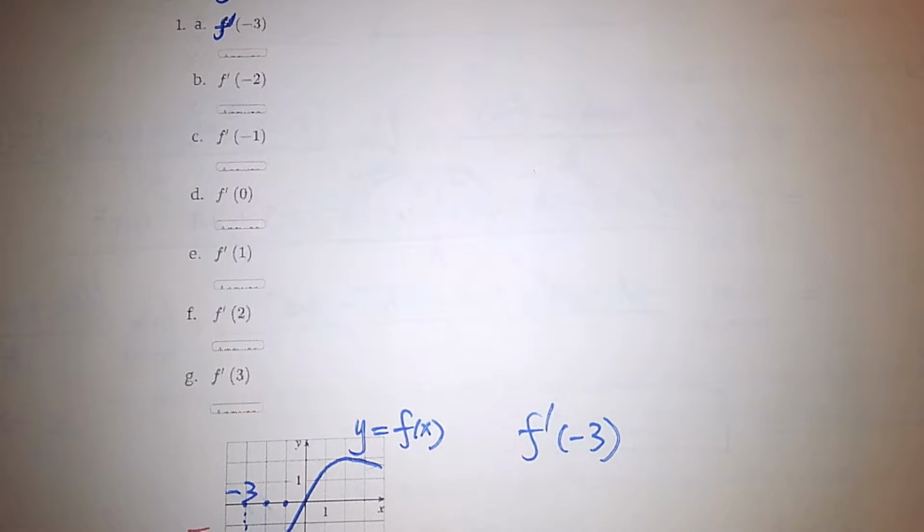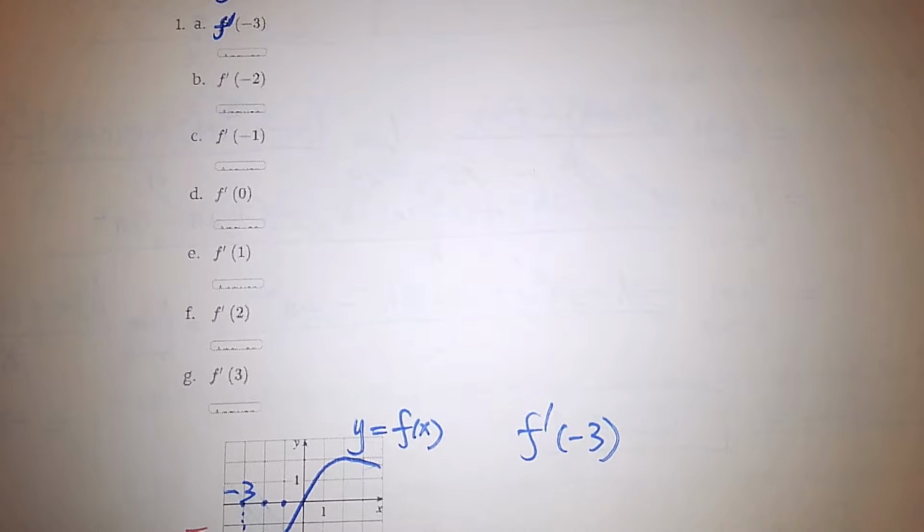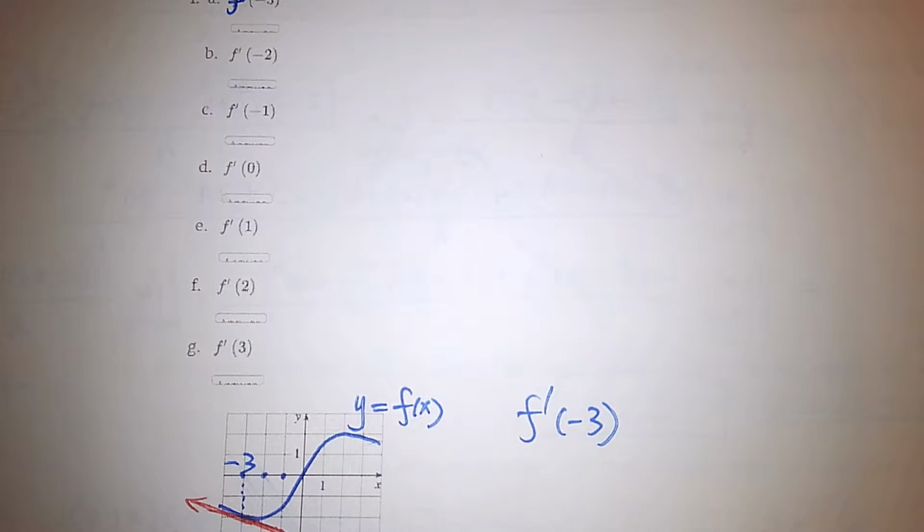Hold on 1 second. Yeah, it's -0.2. These are the points, right? So it goes down one. Exactly. There we go.